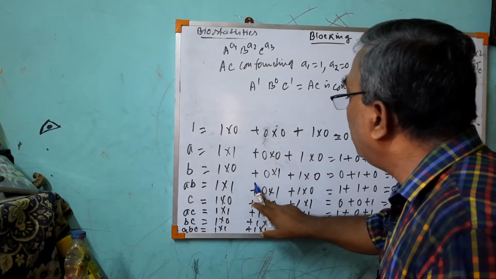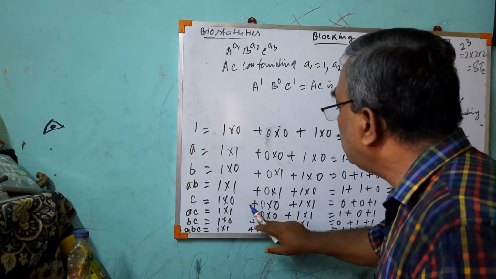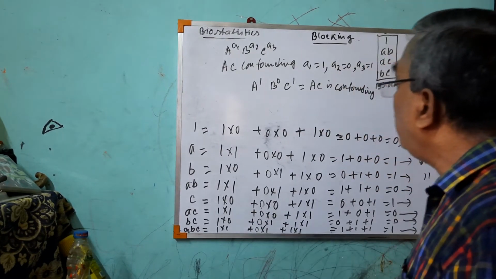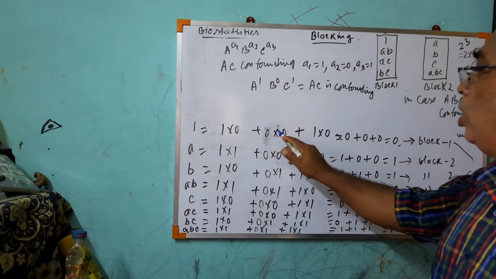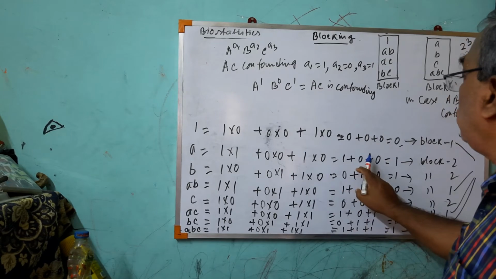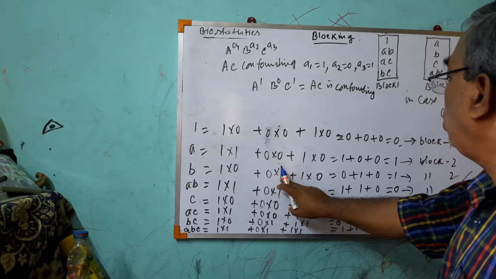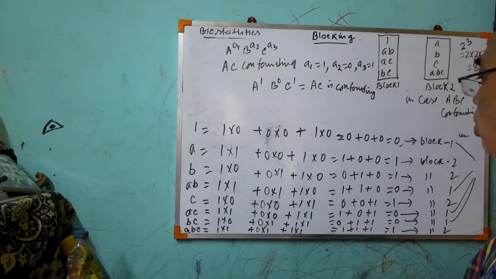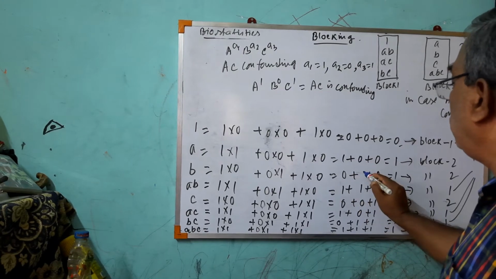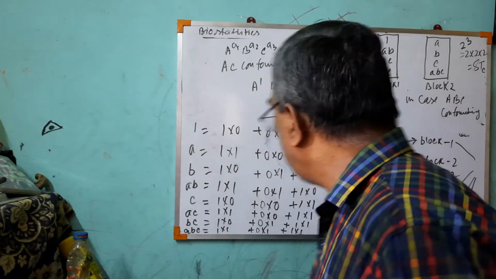When it is 0, these two will not change, this will be 0, this will change, right? When AC is confounding, this will be changed.